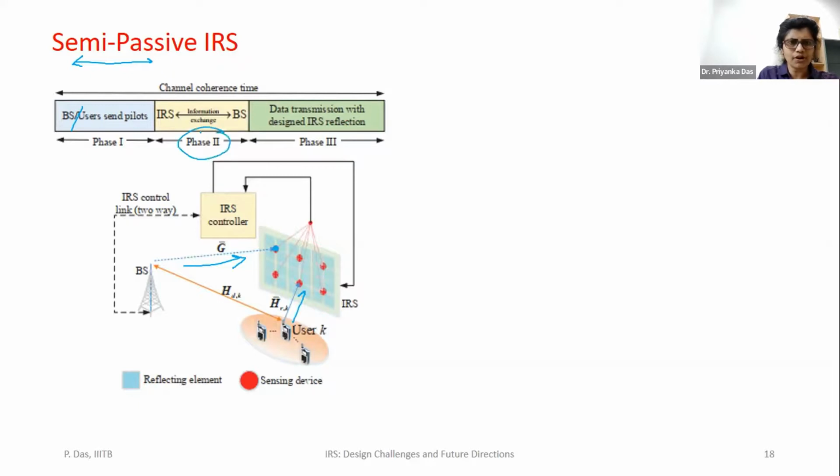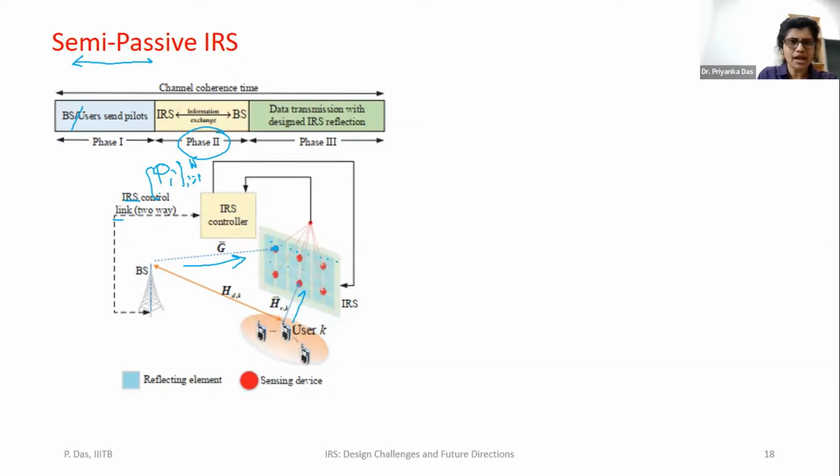Phase 2 is for information exchange. The IRS controller now takes the burden: there is a backhaul link, an IRS control link, a two-way link where my channel phases are needed to compute phi_i for all i equal to 1 to N. These are needed because without phi_i I cannot optimize the reflection coefficients to get SNR maximization.